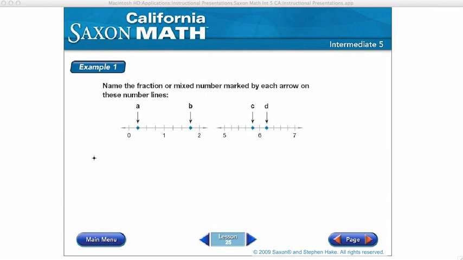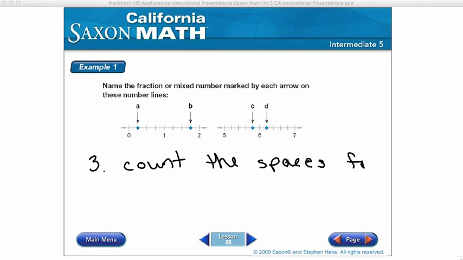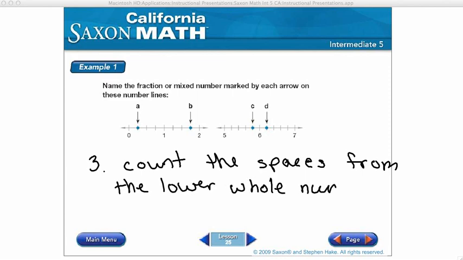Okay, the third step then is to count the spaces from the lower whole number to the point, or to the dot on the line.